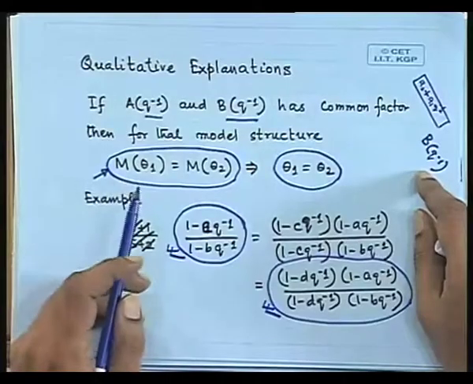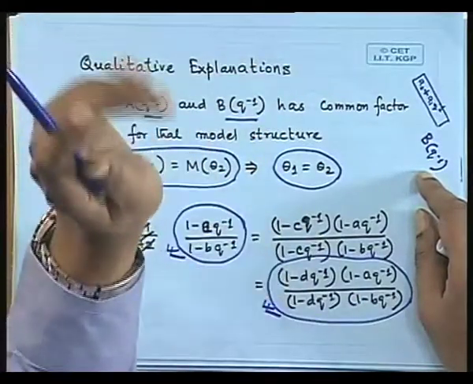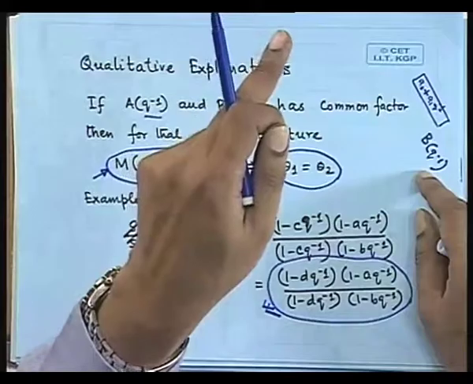In other words, if the data is generated using a model, and you feed u and y to this, and you feed u and y to this, you will get the same u and y. So if data is generated from one model, it implies that in that model structure there should not exist any other parameter which will give rise to that data.